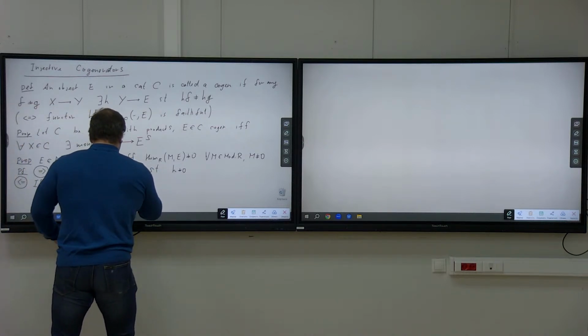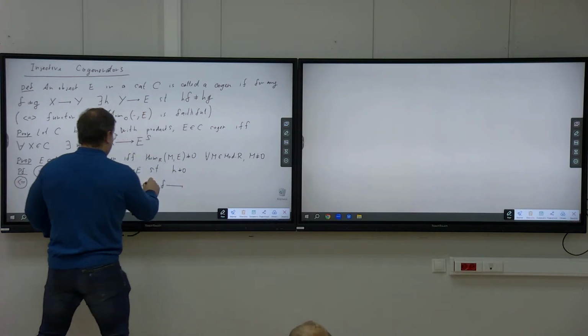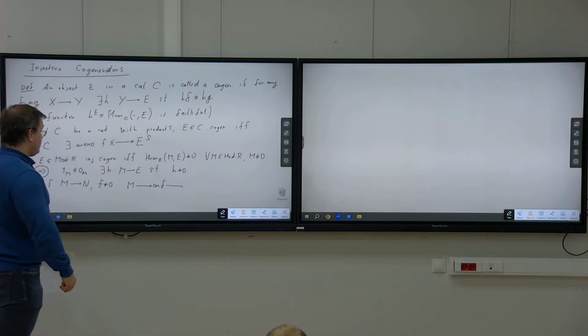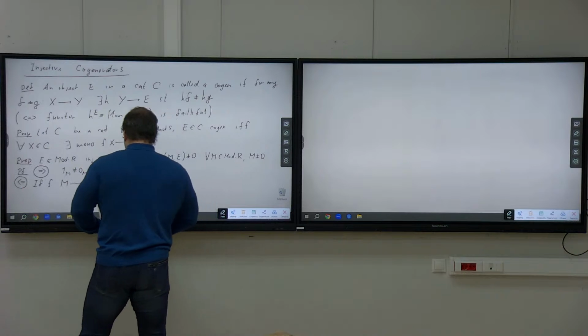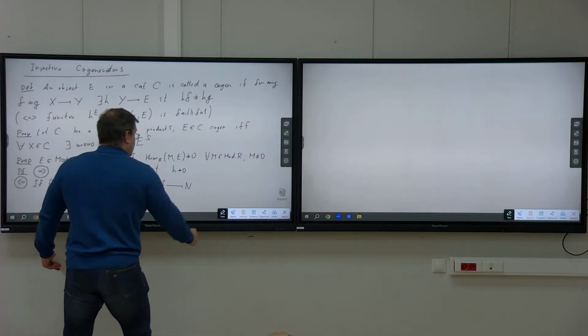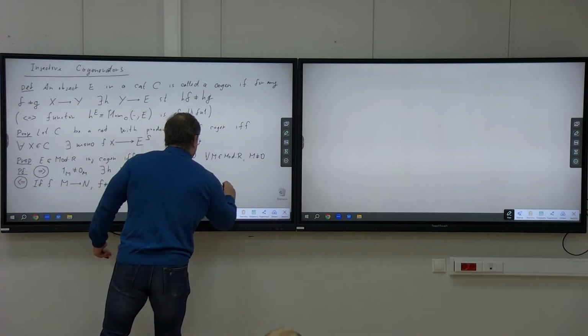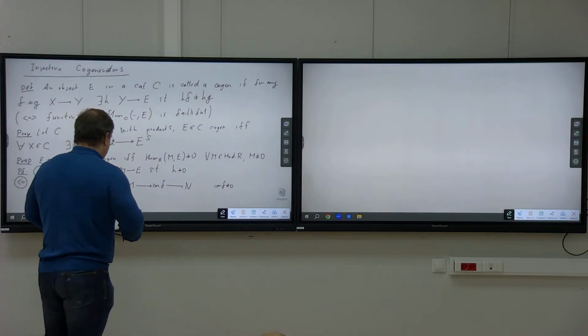Okay, well, I look at this map, I factor this into the canonical homomorphism to the image, and then I put this image into N. So this image of f is not equal to zero.